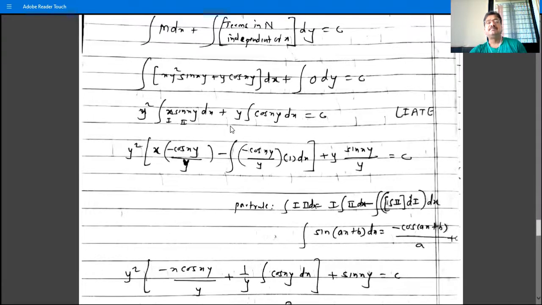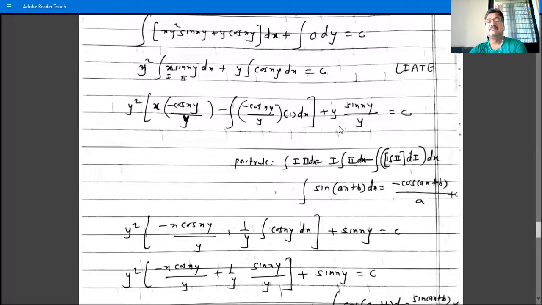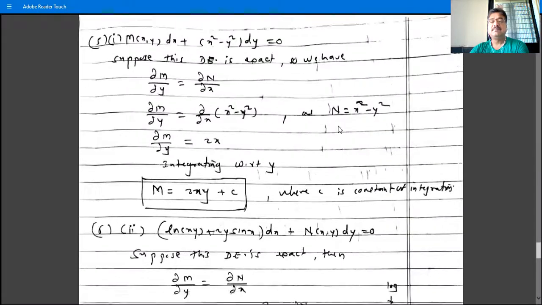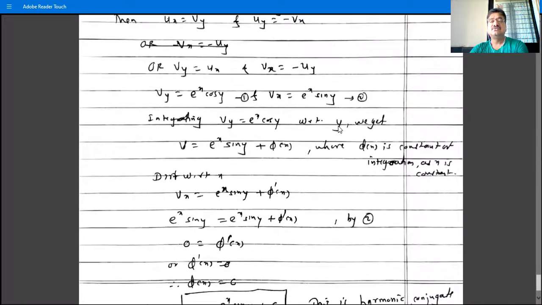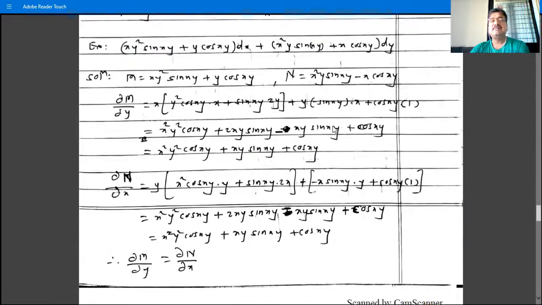If the given differential equation is exact, then how can we find its solution? We use this formula: integration of M dx plus integration of the terms in N independent of x dy is equal to a constant. By using this formula, we can find the general solution of the exact differential equation.